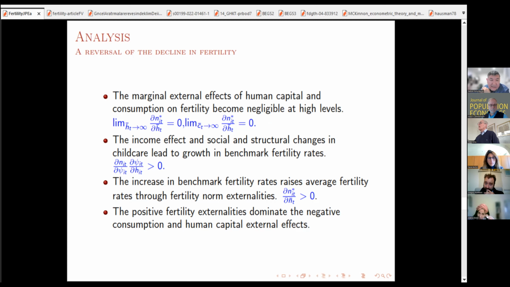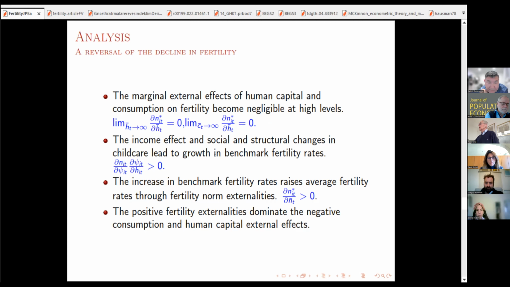But with the third point, we can also explain the reversal of the decline in fertility by putting all these things together. So first of all, with higher incomes, the externalities exerted by consumption and human capital diminish. Because of that, higher incomes or higher consumption will not have much effect on the fertility of individuals.